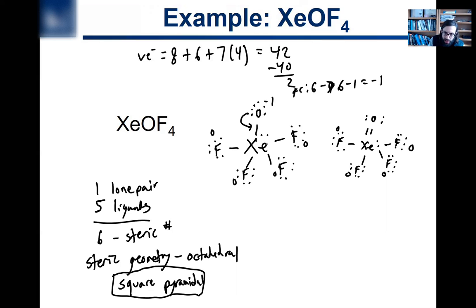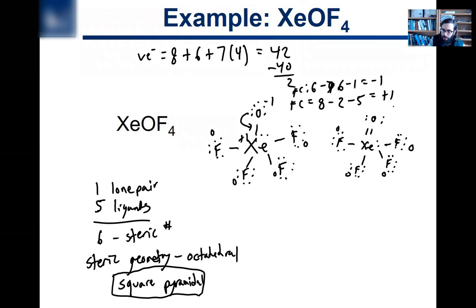And what is xenon? Xenon here is 8 valence electrons, and it has 2 electrons in lone pairs, and then it has 1, 2, 3, 4, 5 bonds. So that is +1.